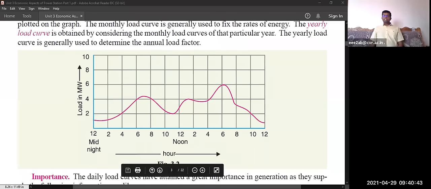So like next year, 2022, on the same day, if they want to generate the power, what they will do is take the previous year's load curve and analyze how the load varied during that day.